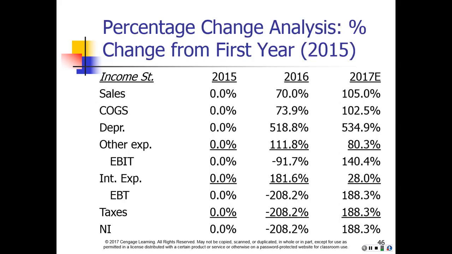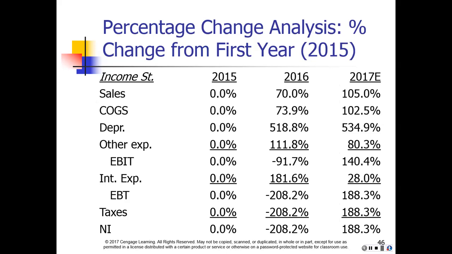All right, then we're going to look at the amount of change in percent. Between 2015 and 2016, sales went up by 70%, right? How do we get that number? Well, 2016 sales were 5,834,400.